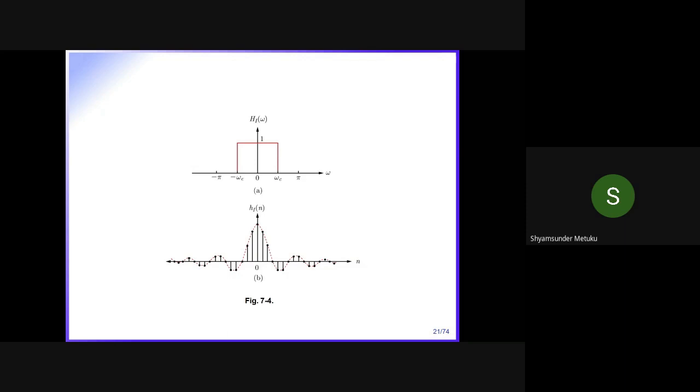At n equal to 0, it is 2fc, the middle one. When n is not equal to 0, it is going to reduce; as n increases, it keeps on decreasing. So this is the impulse response for the given ideal frequency response. Red color is the ideal frequency response. So for the ideal frequency response, I got this impulse response with an infinite number of points.